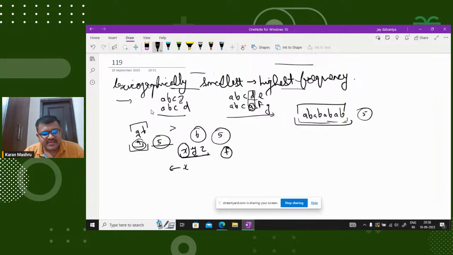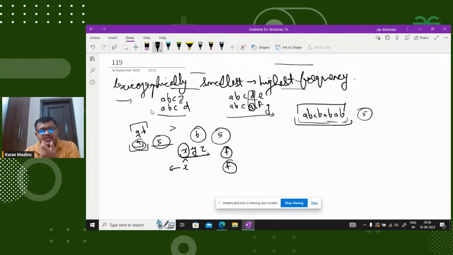And if XYZ has the highest frequency f, X will also be present at least f times, and X is lexicographically smaller than XYZ. So what does it mean? That our answer will be only one character, because that will be the lexicographically smallest substring.